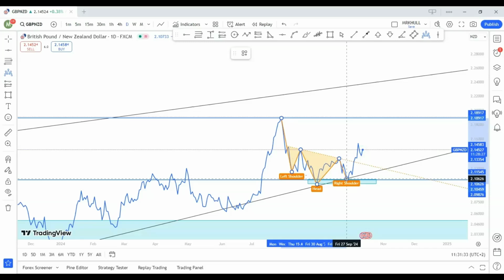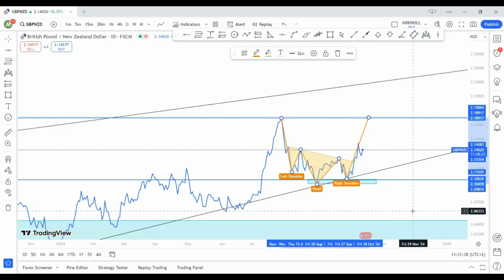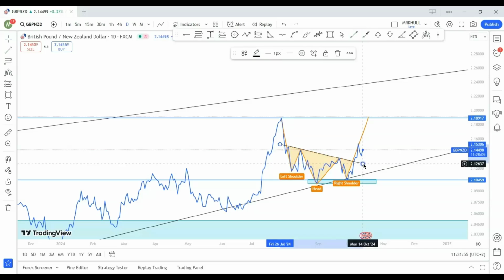As you can see, it has moved up, so I'm late. My only focus is to find an entry at this point. We do have our diagonal neckline just here. So the only thing I need to plot down is my neckline.